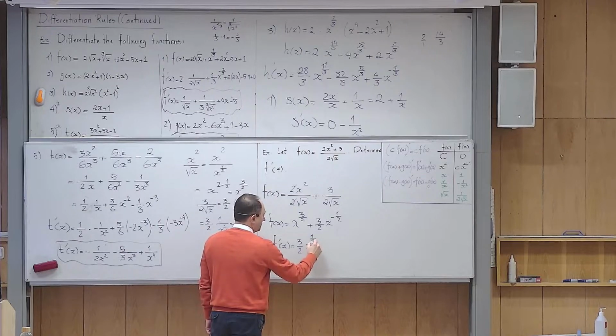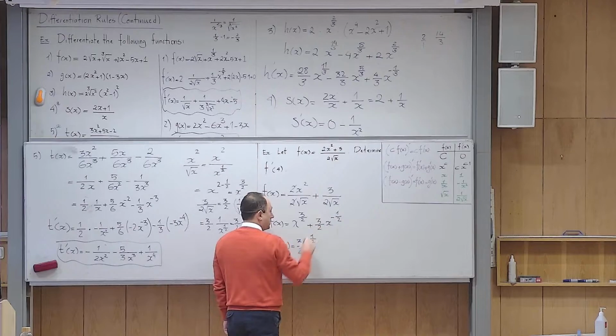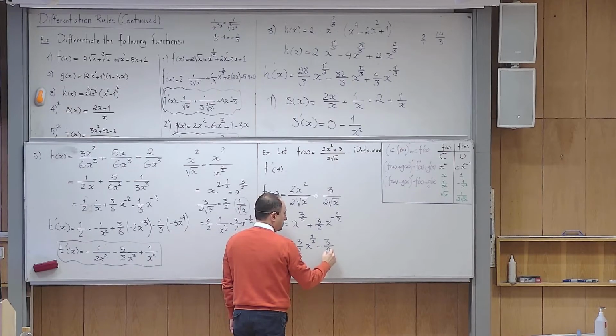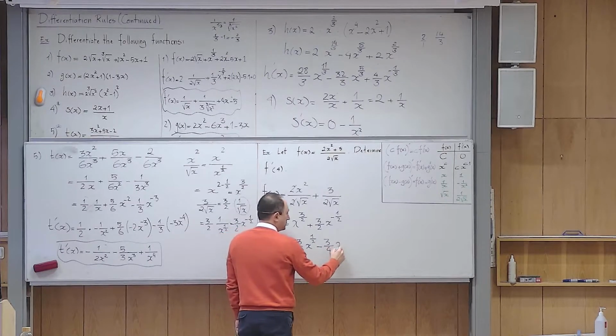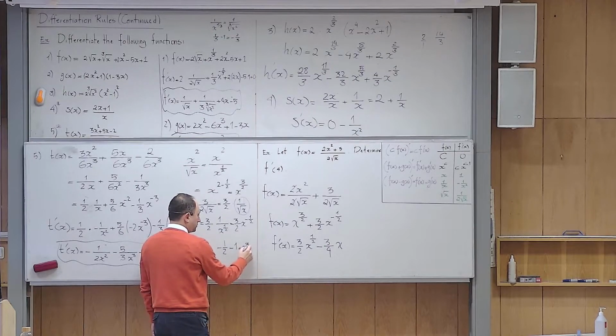Is 1 half. And in this case, minus 1 half goes down. 3 over 2 being multiplied by minus 1 half is minus 3 over 4. And x to the power of 1 unit less. You already have minus a half. You subtract 1 from it. Then it becomes minus 3 over 2.